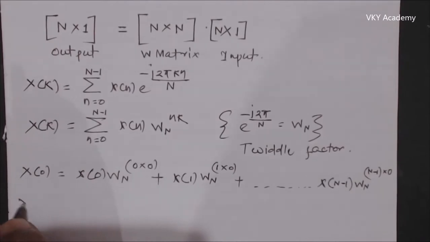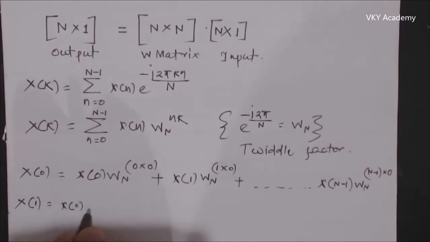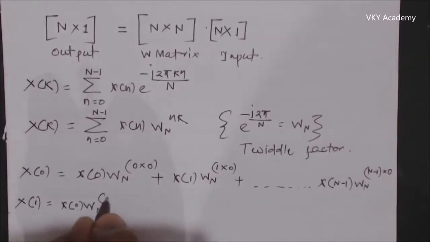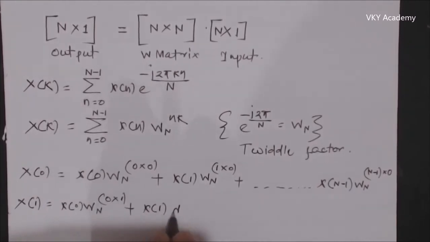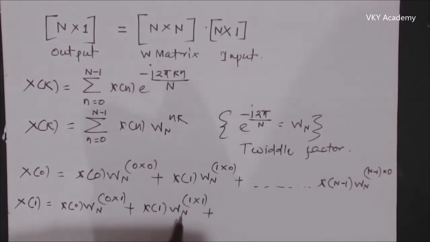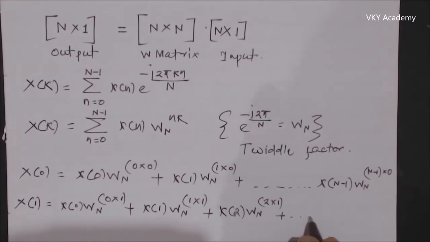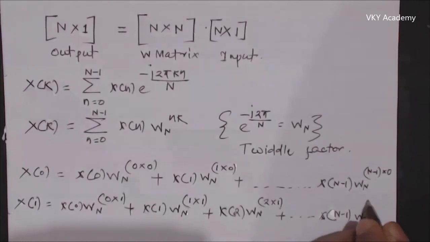Similarly, the second value of DFT will be X of 1, which is x of 0 WN to the power n is 0 but k is 1, plus x of 1 WN to the power n is 1 but k is 1, plus x of 2 WN to the power n is 2 and k is 1, plus x of n minus 1 WN to the power n minus 1 into 1.